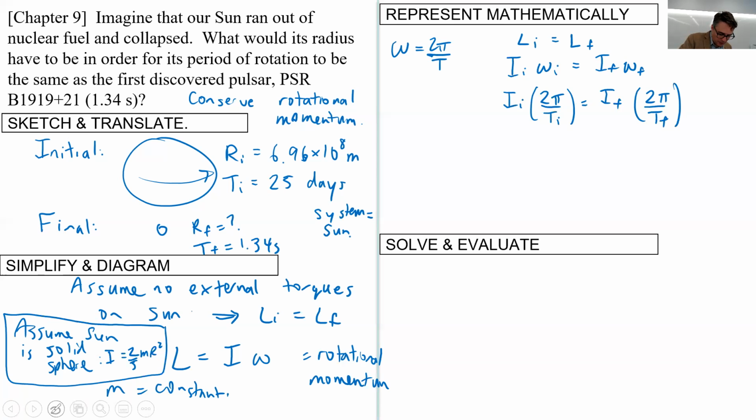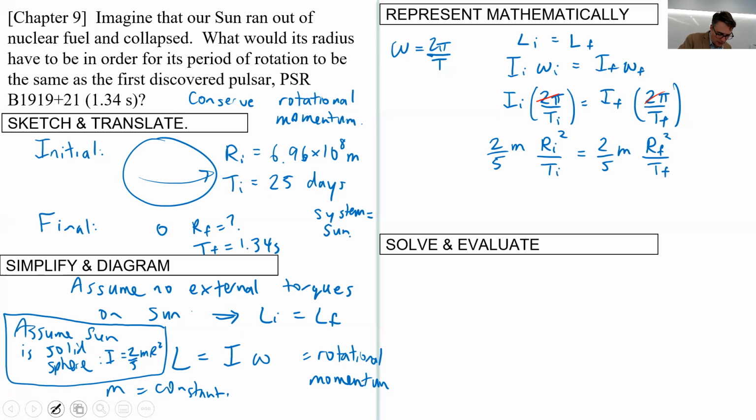We can divide both sides by 2 pi to get rid of that. Then we can use the equation for rotational inertia, and we end up with 2/5 of the mass times R initial squared over T initial equals 2/5 M times R final squared over T final.